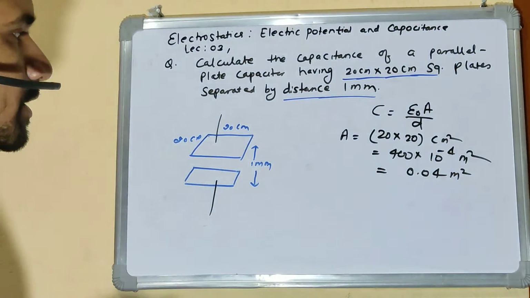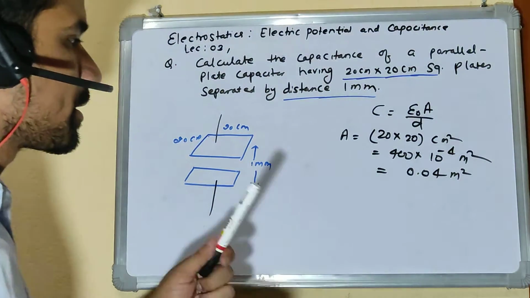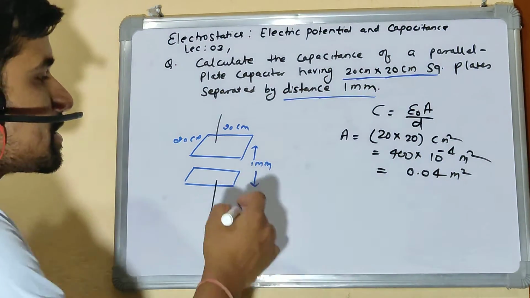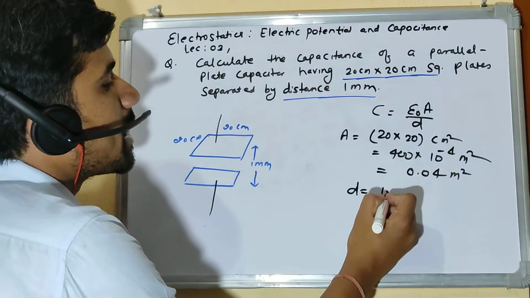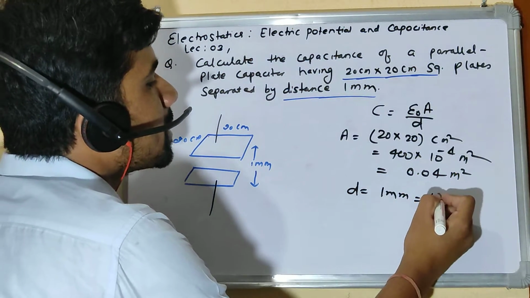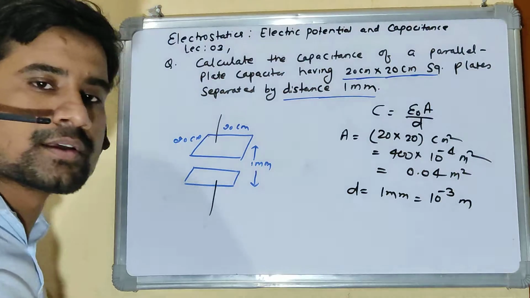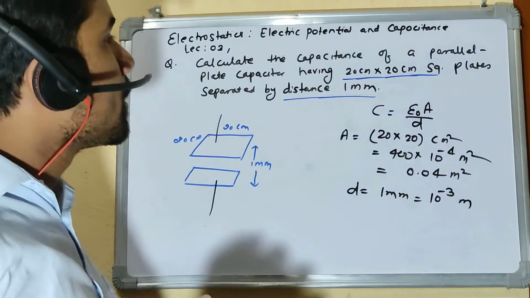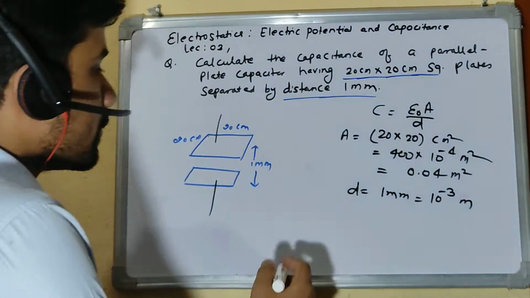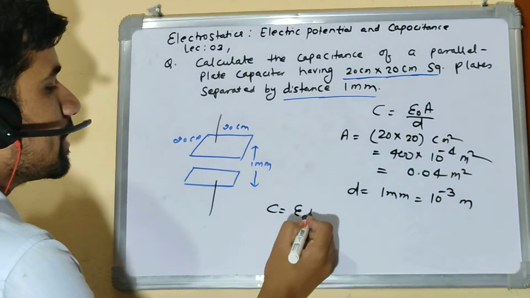The calculation is correct. What about D? D means distance between the plates. D is given as 1 mm, which in meter is 10 to the power minus 3 meter. Now if I calculate the capacitance, epsilon naught A by D, let's put the values.